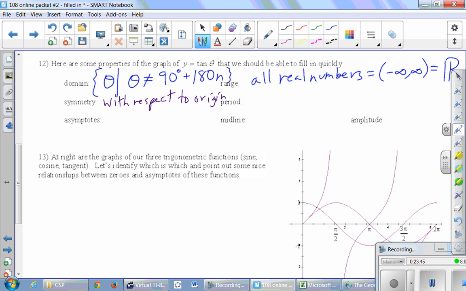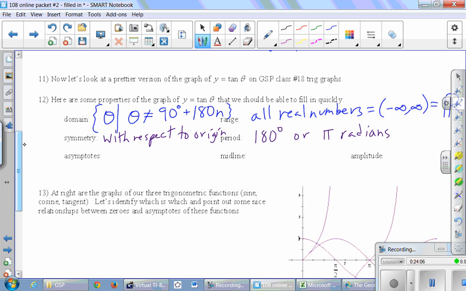Okay, the period of the graph is how long it takes horizontally for this graph to repeat. We said that this graph repeats every 180 degrees. So the period is 180 degrees. Or in terms of radians, what is that? Pi radians. And in fact, why don't we write the radian version of the domain?